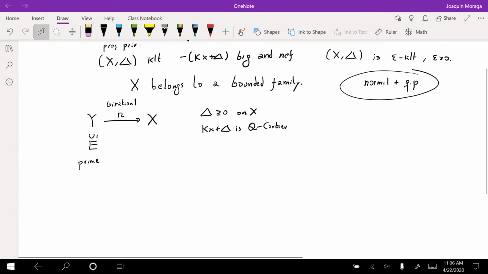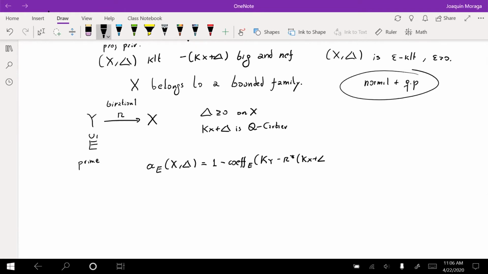Okay, so then we define the log discrepancy of (X, Delta) at E to be 1 minus the coefficient at E of K_Y minus the pullback of K_X plus Delta.